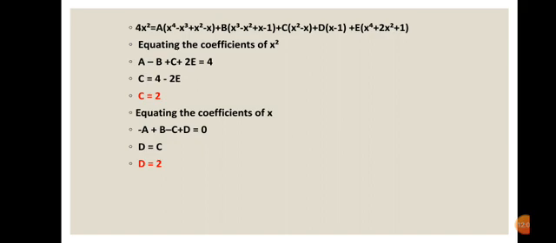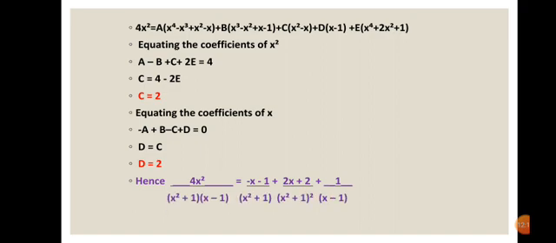Now we will put all the values of unknowns in equation number 1, the first equation, where we have already made the partial fractions. So the value of a is minus 1 and the value of b is also minus 1.